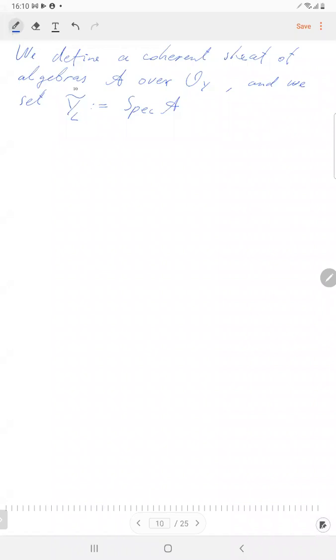We take a quasi-coherent sheaf L tilde over Y. I don't know if you remember how we dealt with coherent, quasi-coherent sheaves, but this was some fancy example.